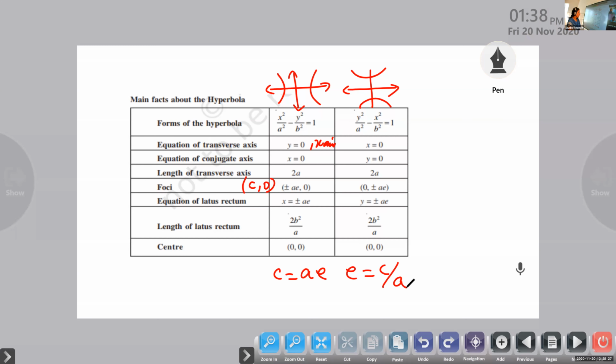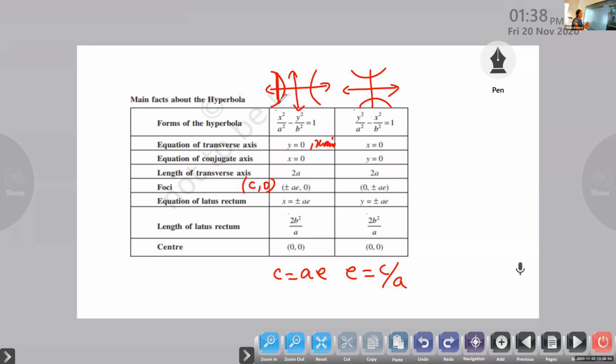Equation of latus rectum. What is latus rectum? It is a line segment passing through the focus, perpendicular to the transverse axis, similar to what we have learned from the parabola also. That one we call the latus rectum.